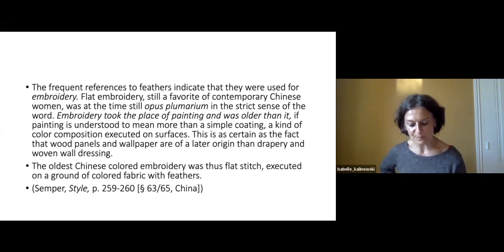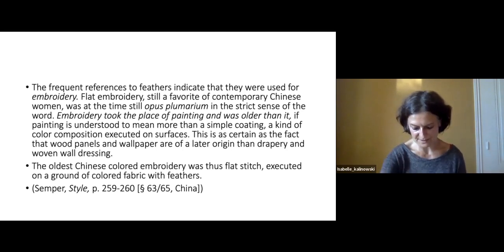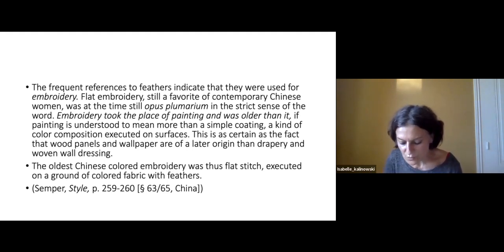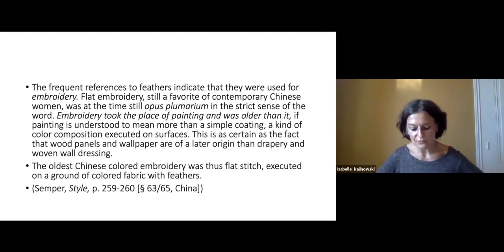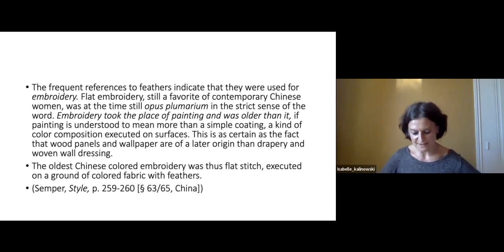Embroidery took the place of painting and was older than it, if painting is understood to mean more than a simple coating, a kind of color composition executed on surfaces. This is as certain as the fact that wood panels and wallpaper are of a later origin than drapery and woven wall dressing. The oldest Chinese colored embroidery was thus flat stitch executed on a ground of colored fabric with feathers."